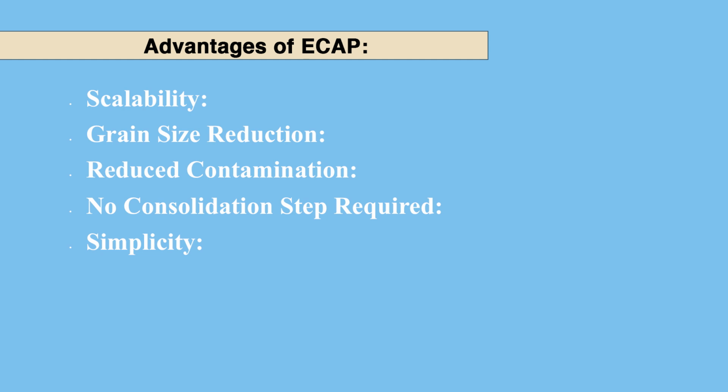Reduced contamination: this process minimizes contamination, maintaining the nanoparticle purity. No consolidation step required: unlike some other methods, ECAP eliminates the need for an additional consolidation step, simplifying the process. Simplicity: ECAP is straightforward to set up and operate, making it accessible for research and industrial purposes.